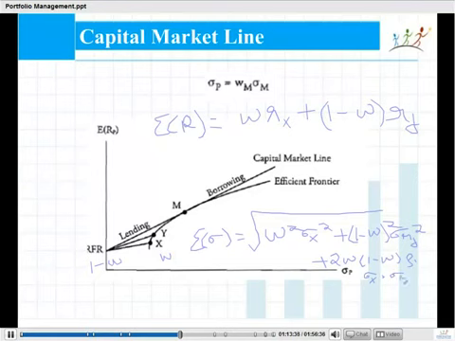Okay, all this is under the square root. By definition, what is sigma RF? By definition, what is the risk of a risk-free security?